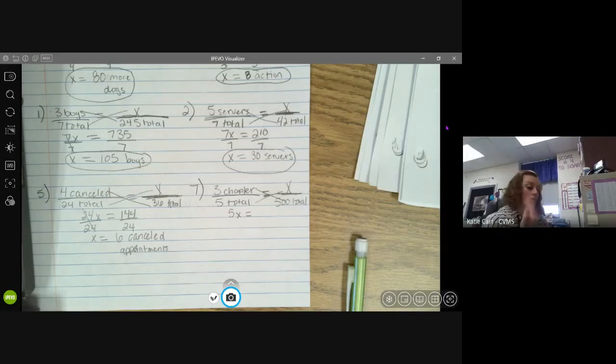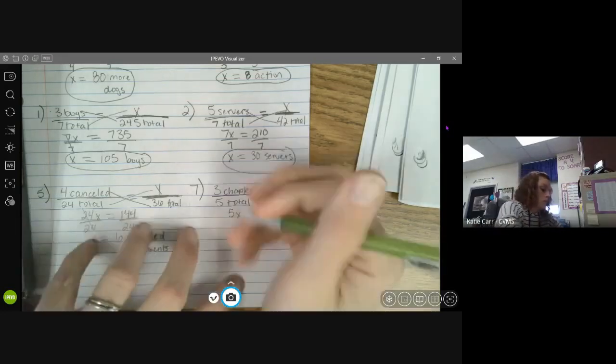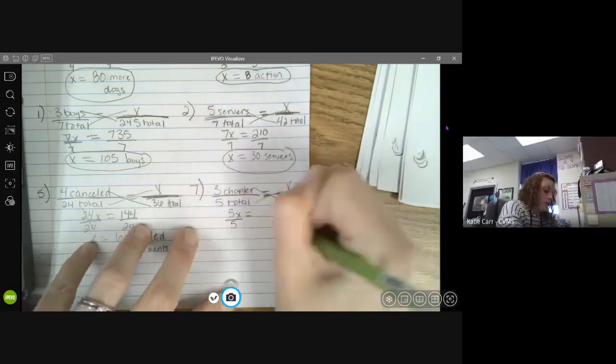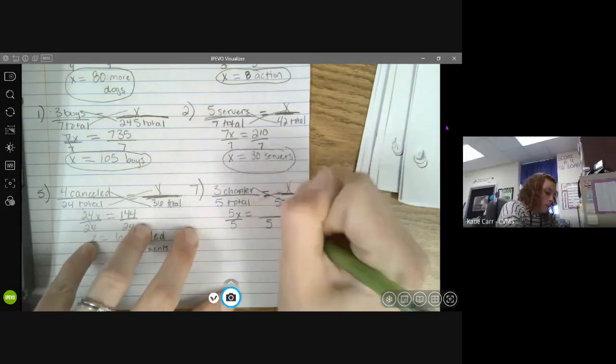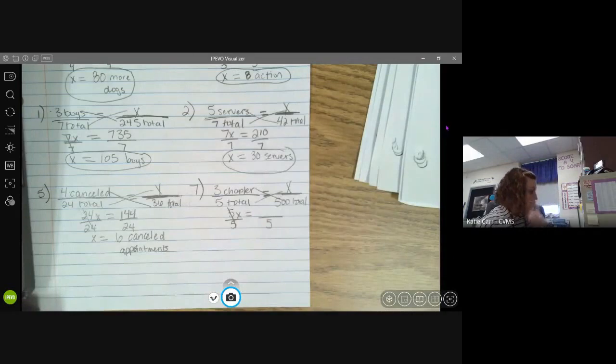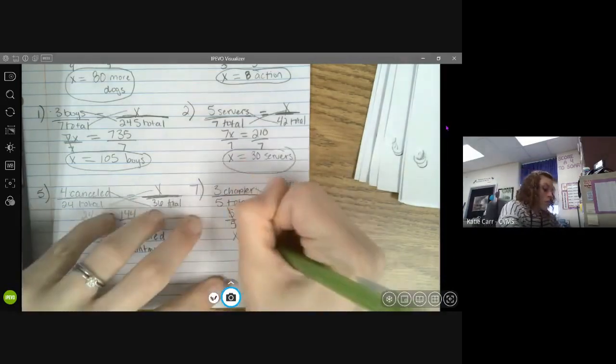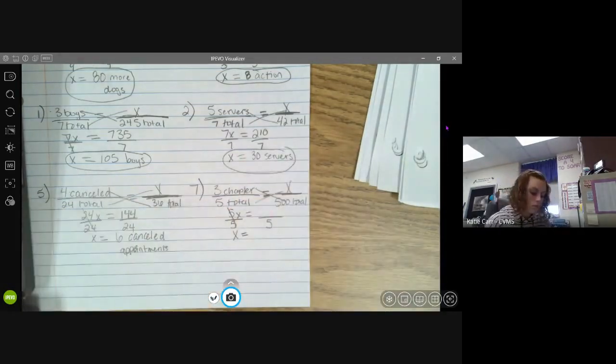Right, so you divide by whatever is in front of the X. Okay, so 5. But you have to do it to both sides. 5 over 5. Okay, so I have to divide it by 5. Divided by 5.